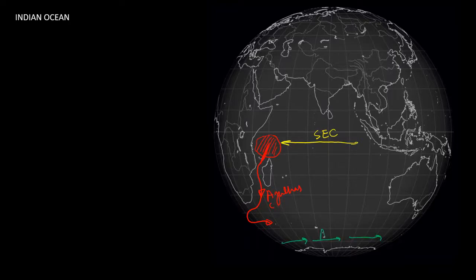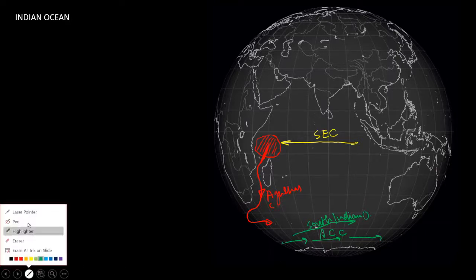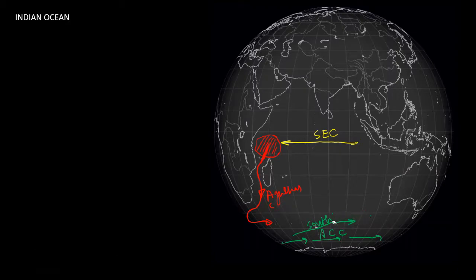So this is the Antarctic Circumpolar Current, ACC, and some part of it goes in the Indian Ocean as well. It is called the South Indian Ocean Current. Or let me remove this. You just remember about the ACC only. So sorry for this. ACC, Antarctic Circumpolar Current.